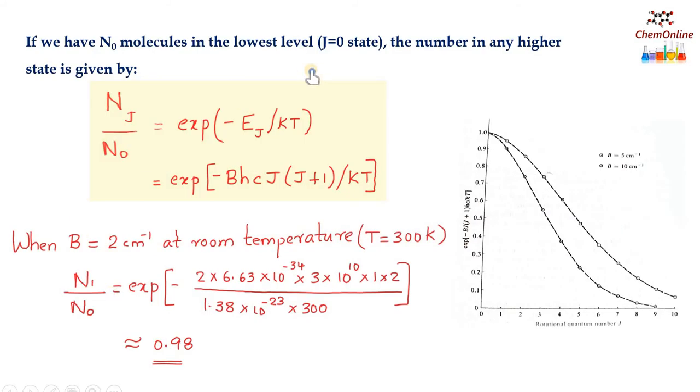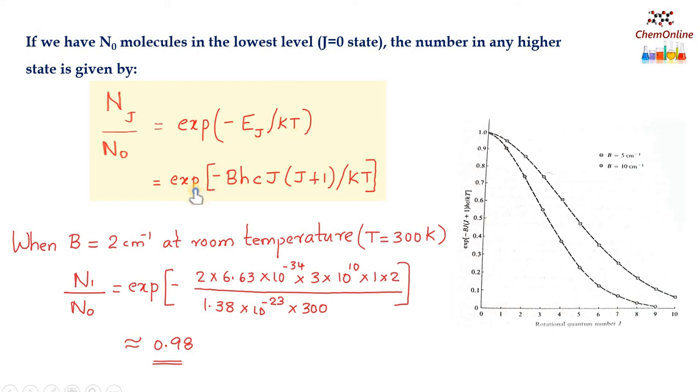We know that the rotational energy in the lowest level is 0 since J equals 0. So if we have N0 molecules in the lowest level, that is the J equals 0 state, then the number in any higher state is given by Nj by N0 equals exponential minus Ej by kT, where Ej is the rotational energy of the jth level, k is the Boltzmann constant, and T is the temperature.